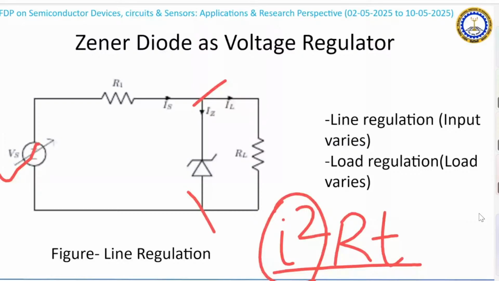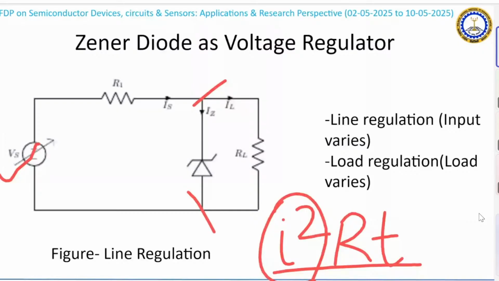Line regulation: the supply is going to vary in line. We have to deal with the appliance, right? In the line regulation, we have the load which is fixed.